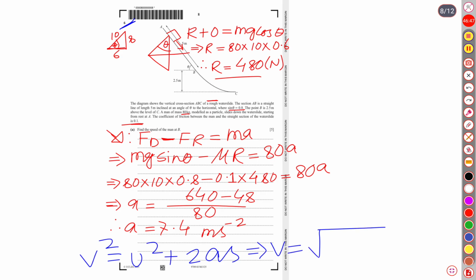The person started sliding from rest, so it is going to be 0 plus 2, and acceleration has been 7.4, and s is the displacement, which is 5 meters, sorry.